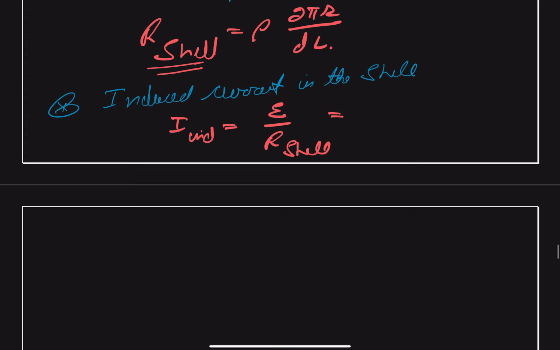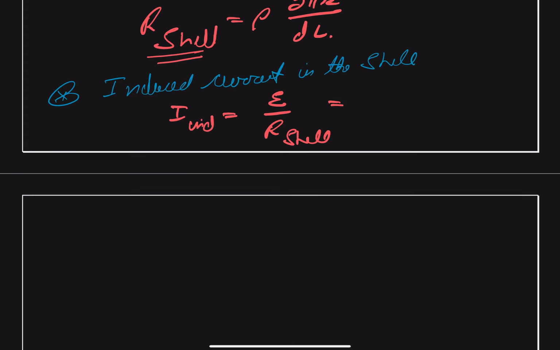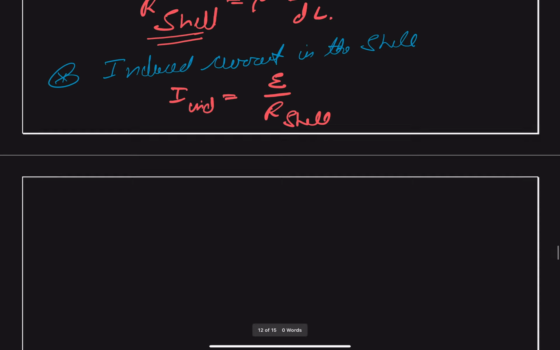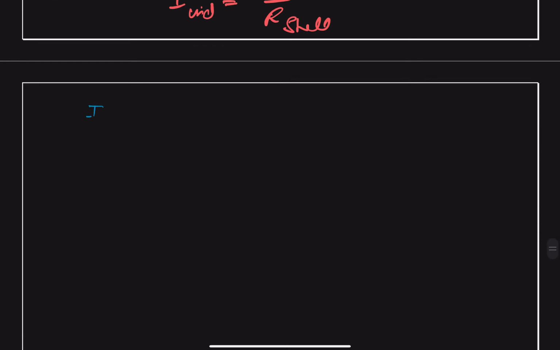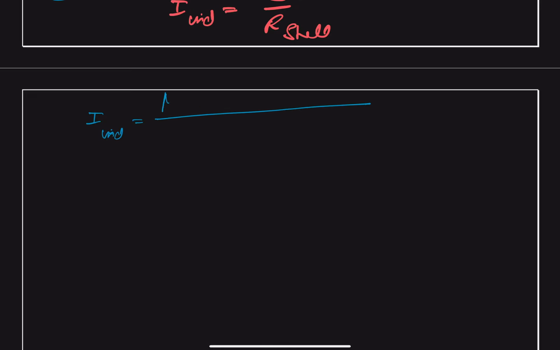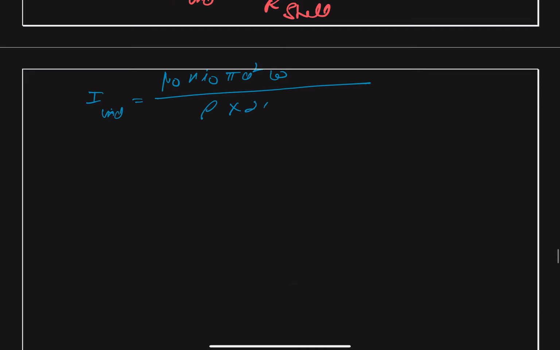And we already know the induced EMF, so we substitute the value, we get I induced will be equal to mu naught n I naught pi a square omega, and this comes rho multiplied by 2 pi r, and this comes as d L, and this is our cos of omega t.